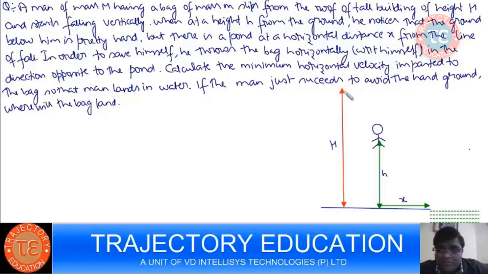Initially the velocity was 0, and he starts falling vertically, right? When he is at a height h from the ground, this is the ground.